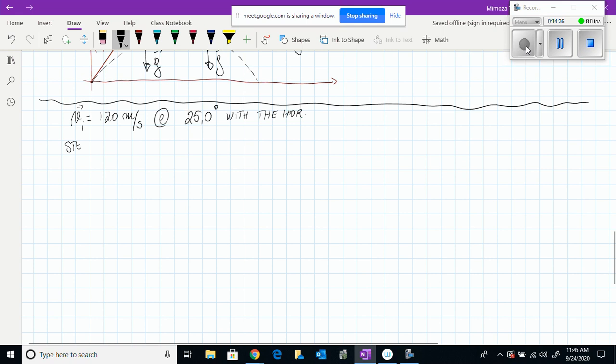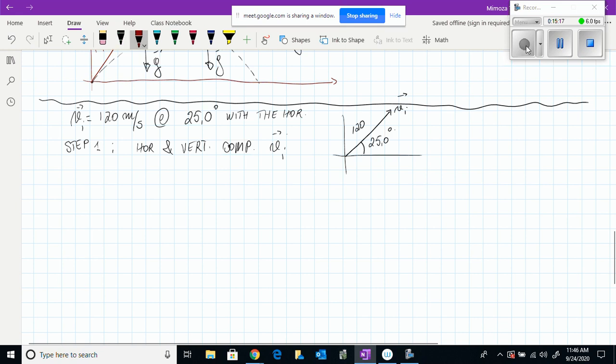As a first step when we are dealing with projectile motion, we find the horizontal and vertical components of the initial velocity. What does that mean? Finding the horizontal and vertical components of a vector. You have a vector with a magnitude of 120, and the angle it creates with the horizontal is 25 degrees.